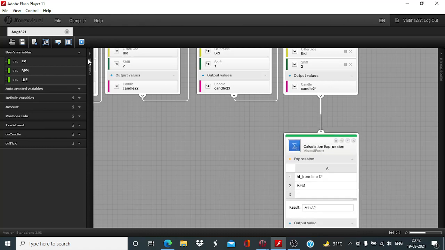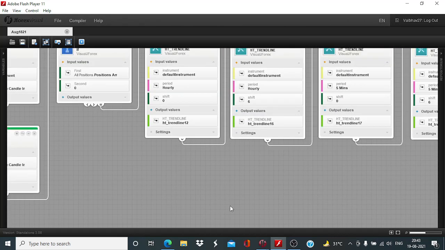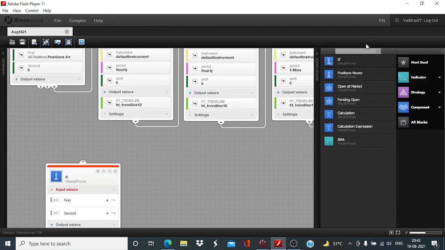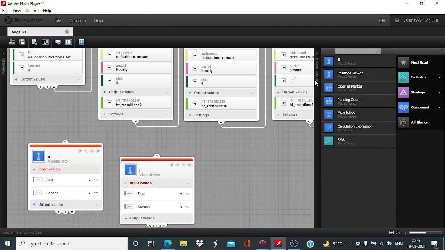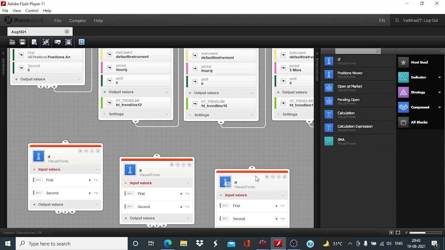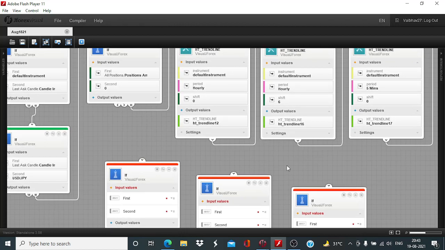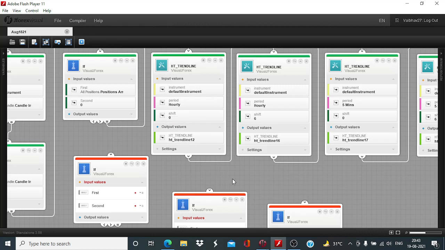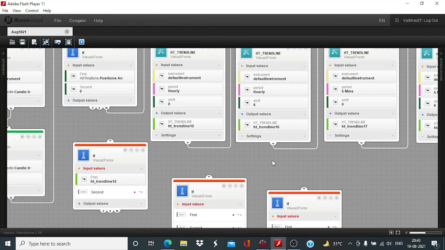Now we have to start defining the conditions for the execution, and that we will do using the if blocks. Current hours ht trend line output should be greater than the ht trend line output 6 hours back.